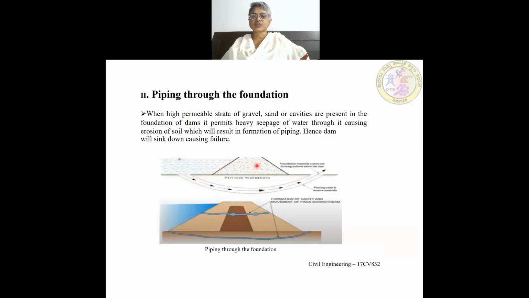It is not through the body of the dam, it is through the foundation in this case. It is a pervious foundation, so water starts flowing from the upstream side to the downstream side through the foundation. Here you can see piping through the body also, and piping through the foundation also. Piping through the body is causing a cavity within the embankment.